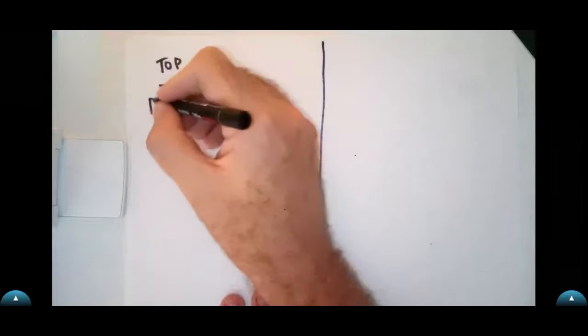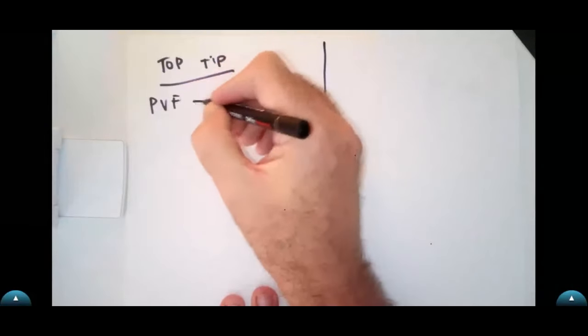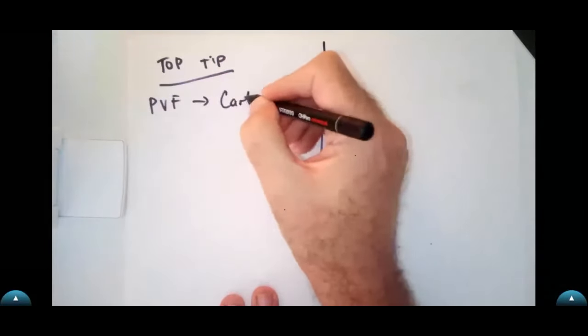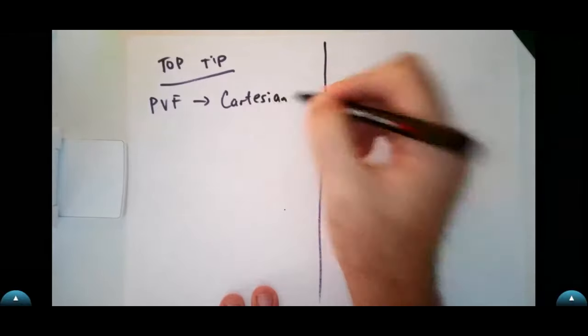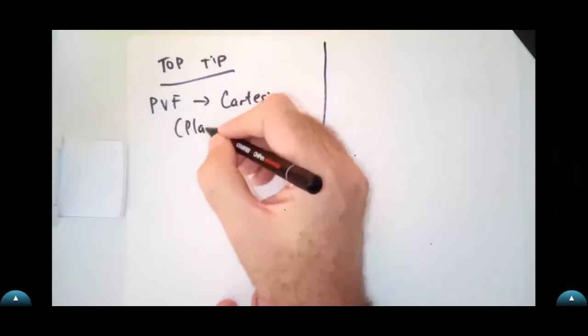So if you want to go from parametric vector form to Cartesian, here we're talking about planes.